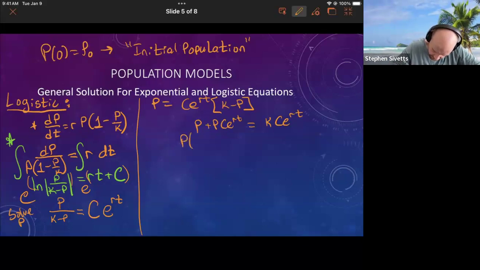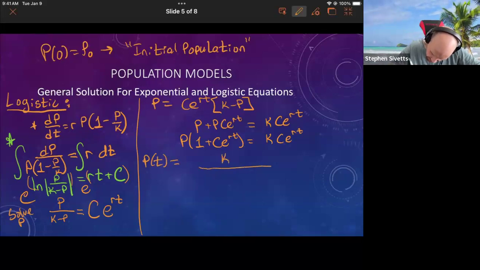And then factor out P on the left-hand side. So this would be 1 plus C times e to the RT equals K times C e to the RT. And so therefore, P, this is a function in T, would equal K times C e to the RT divided by 1 plus C times e to the RT.